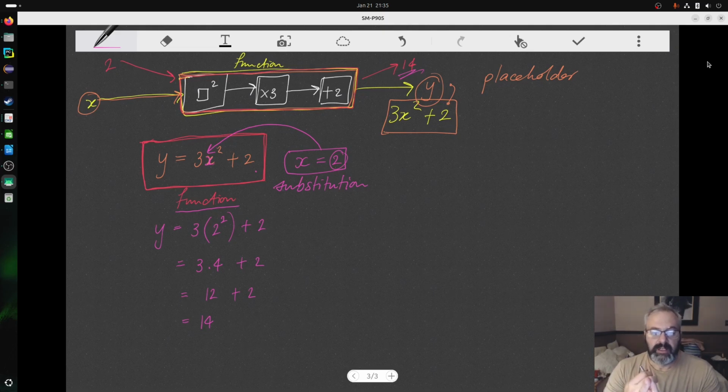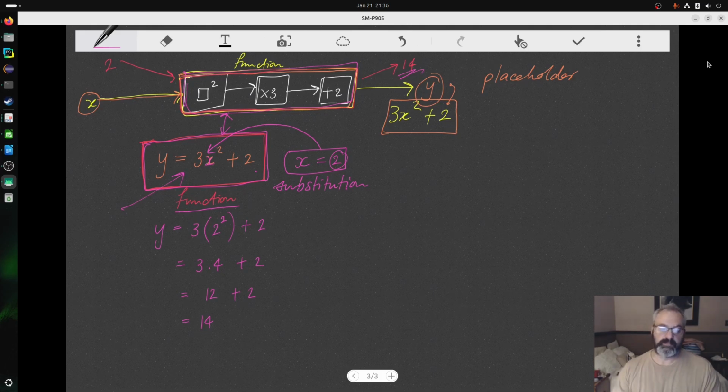This function and this function are the same functions. So from here on forwards we are not going to draw pictures. We are going to use this way to indicate mathematical functions.